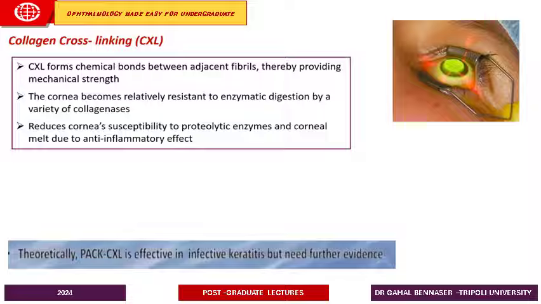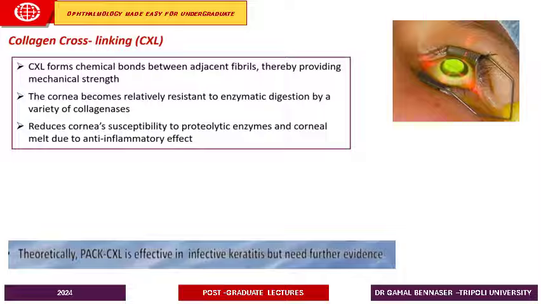It has no role and is actually contraindicated in the presence of viral keratitis. The people supporting the use of collagen cross-linking argue that we are strengthening the outer stroma by creating chemical bonds between the lamellae of the stroma. This will prevent proteolytic enzymes and minimize the digestion and the risk of perforation of the cornea, whether because of the release of mediators from the infective organism itself or from the host immune system itself.